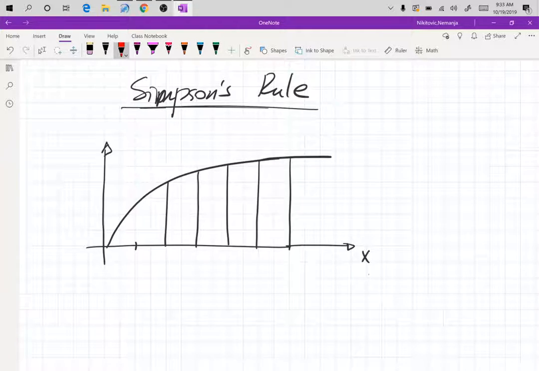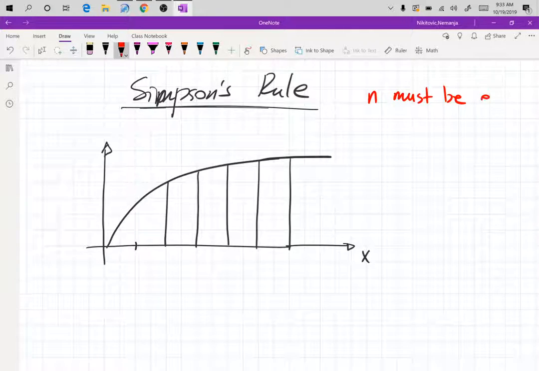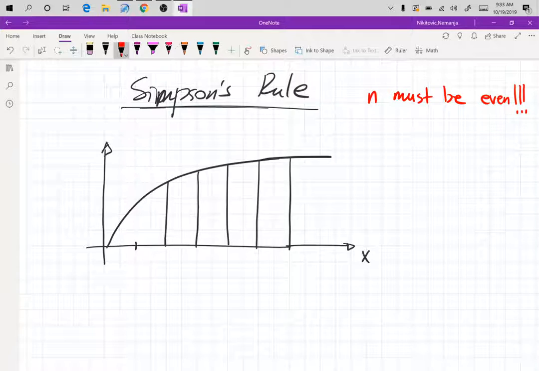Next to Simpsons rule, n must be even. And I'll scream 3 times. N must be even. Otherwise, method doesn't work.